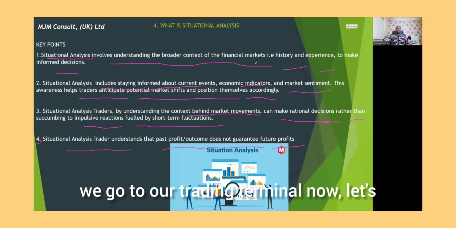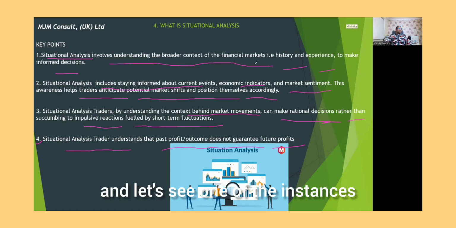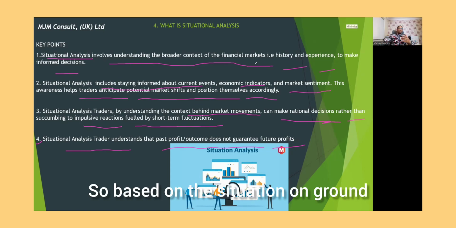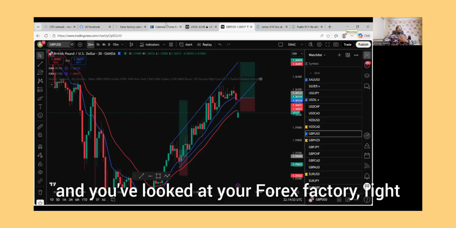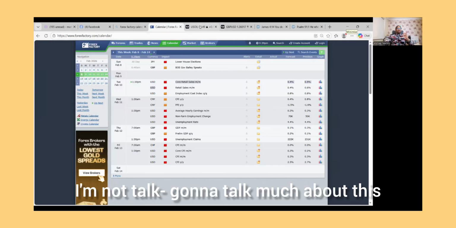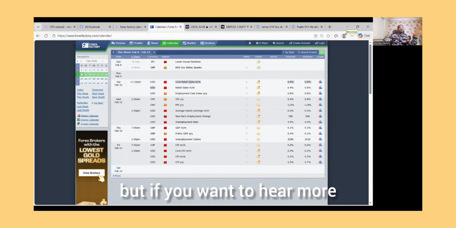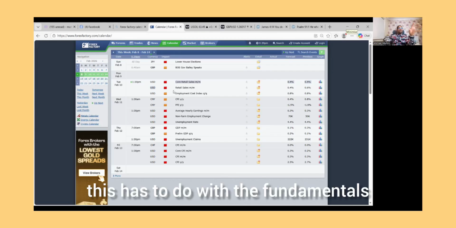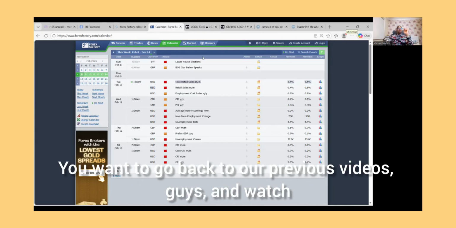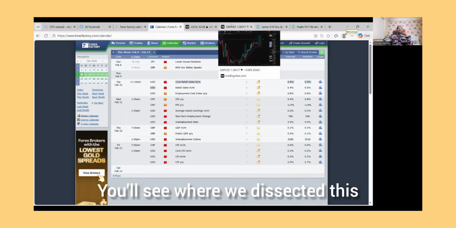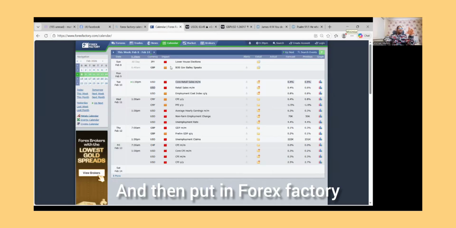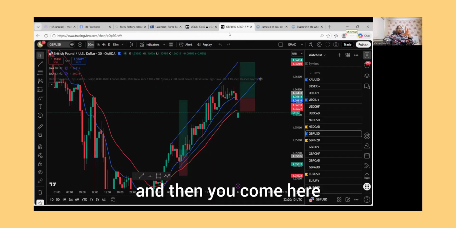If, for instance, we go to our trading terminal now, let's go and share, and let's see one of the instances. So based on the situation on the ground, and you've looked at your Forex Factory, right? I'm not going to talk much about this, but if you want to know more, it has to do with the fundamentals. You want to go back to our previous videos, guys, and watch where we dissected this. Then, putting Forex Factory together, you've seen the news, and then you come here.